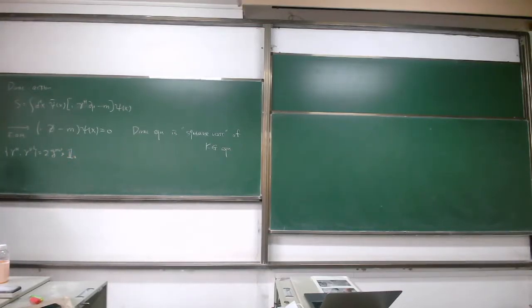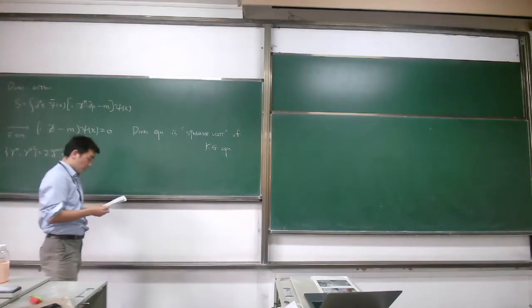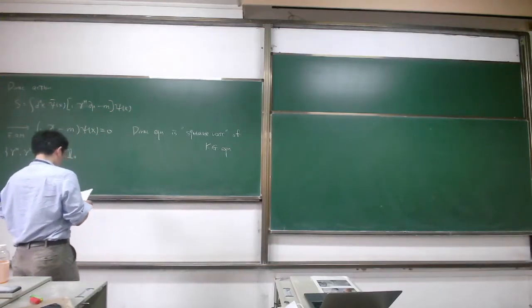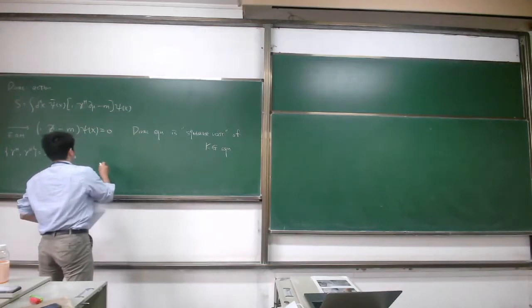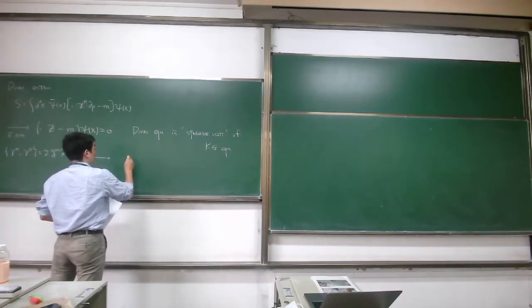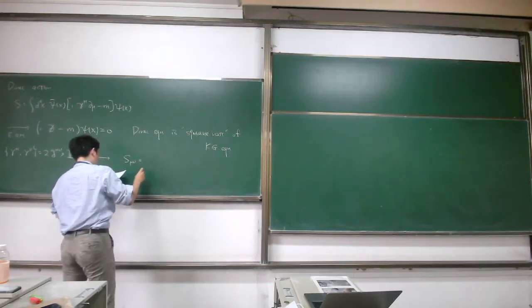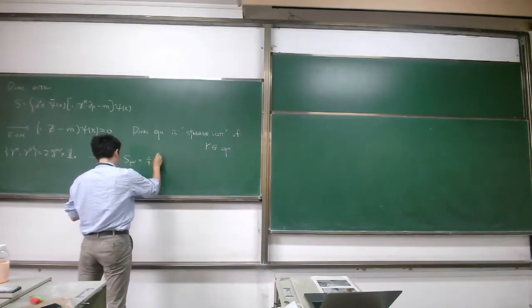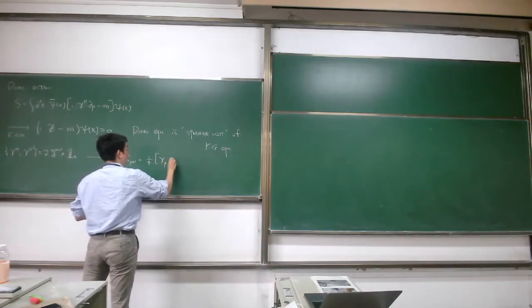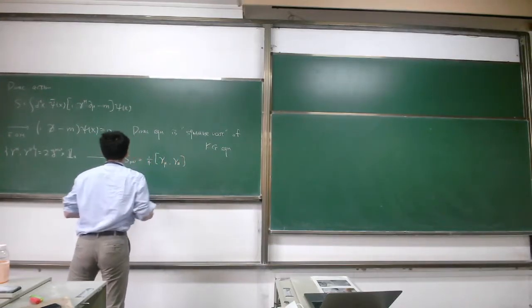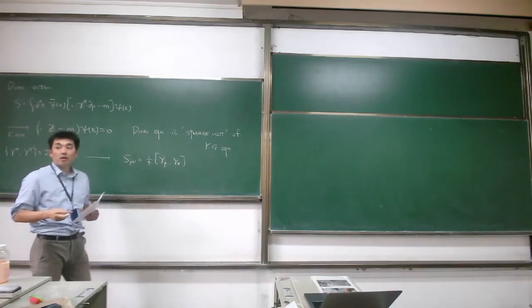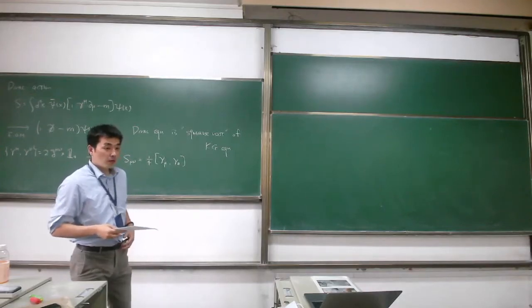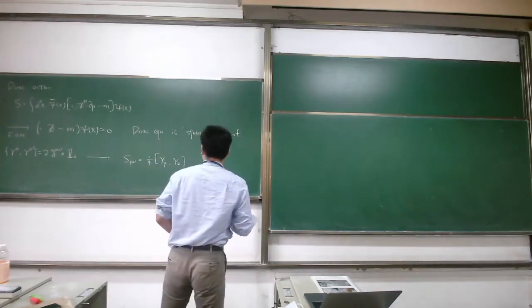Starting from the Clifford algebra, we construct the so-called representation sigma mu nu, which is i over 4 times the commutator of gamma mu and gamma nu. And this one will satisfy the Lorentz Lie algebra, as we saw last time.